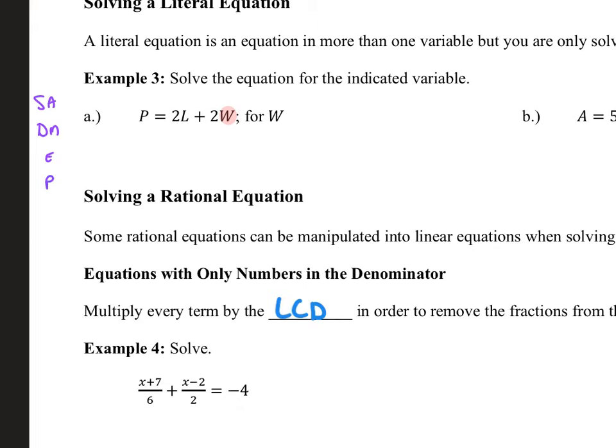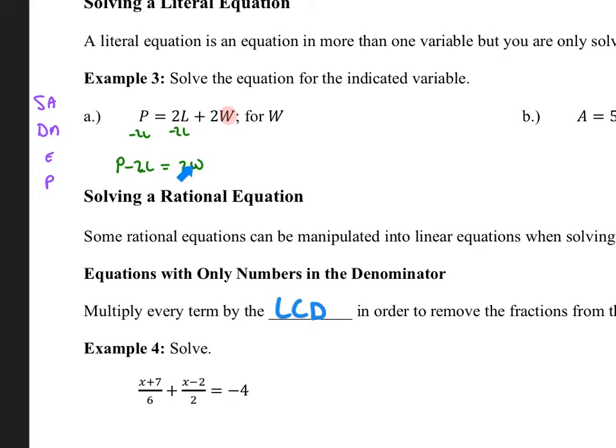Okay. So I should be getting rid of any subtraction or addition first, right? Well, the 2L is adding to the W term. So I'm going to subtract the 2L from both sides. So on the left side, we just have P minus 2L. And on the right side, we just have 2w now. All right. And so now I'm looking at that w and saying, well, w is still not alone.